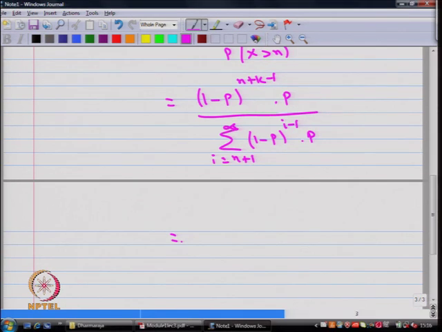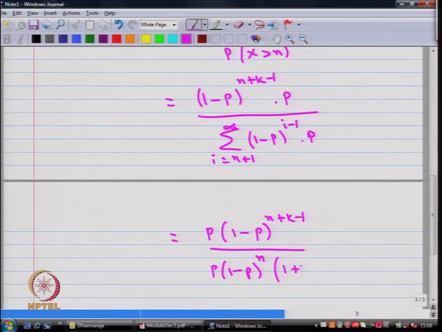We can keep the numerator as it is, whereas in the denominator, you can take p times (1 minus p) power n common outside, and the remaining terms are 1 plus (1 minus p), the third term will be (1 minus p) whole squared, and so on.